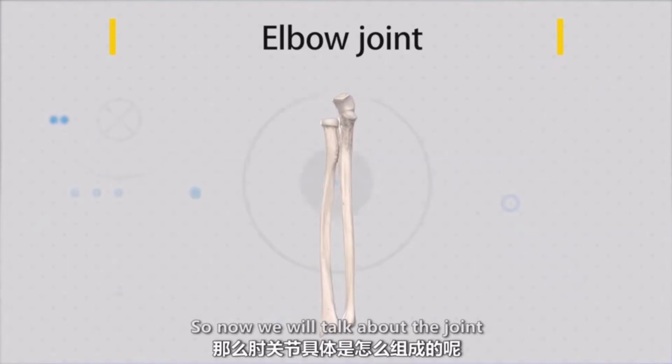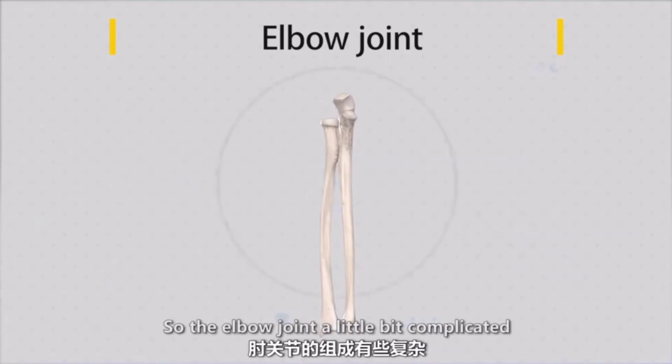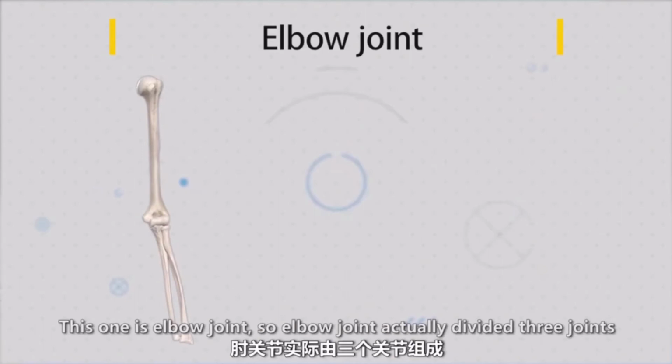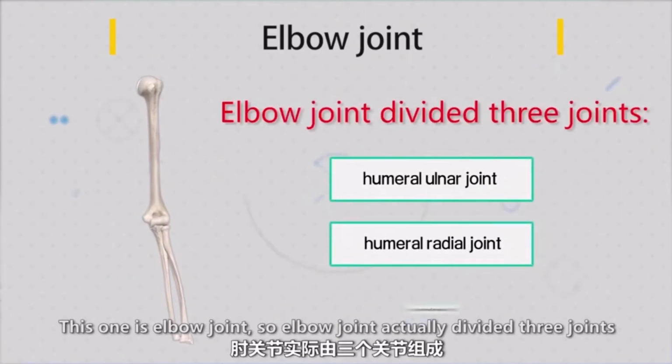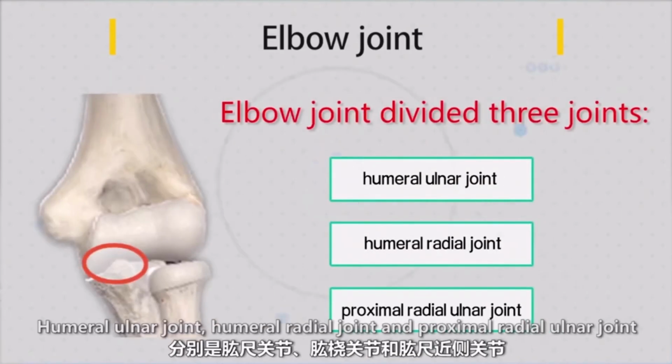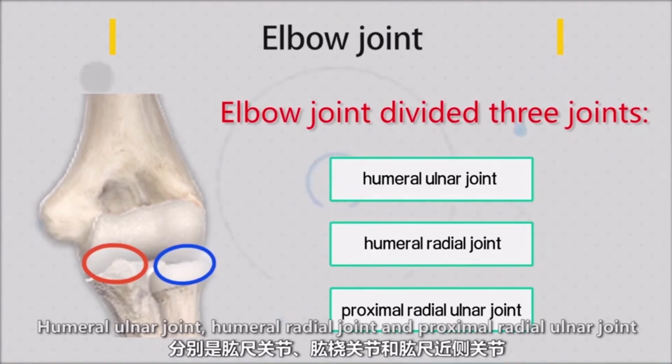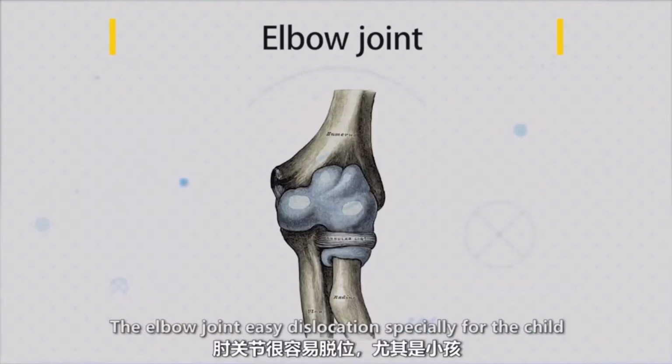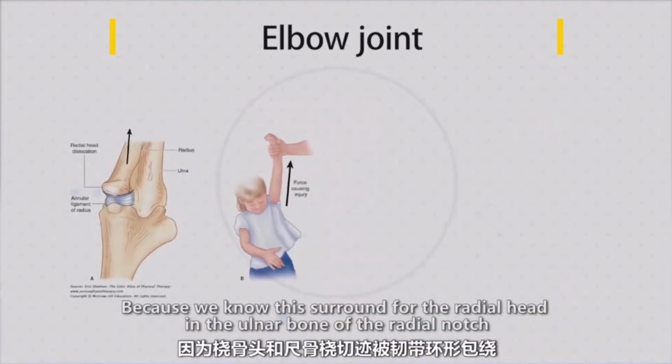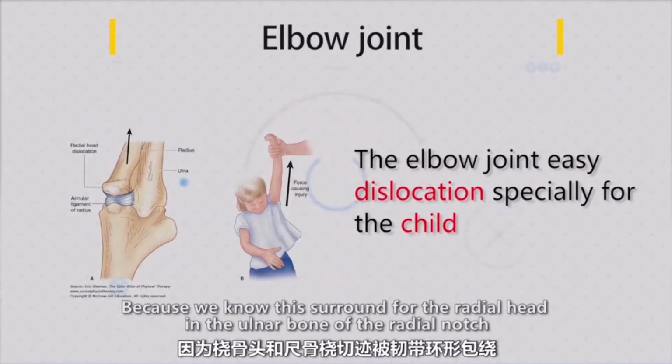So now we will talk about the joint. The elbow joint is a little bit complicated. This one is the elbow joint. The elbow joint actually divides into 3 joints: the humeral-ulnar joint, the humeral-radial joint, and the proximal radial-ulnar joint. The elbow joint is prone to dislocation, especially in children, because this surrounds the radial head and the radial notch of the ulnar bone.